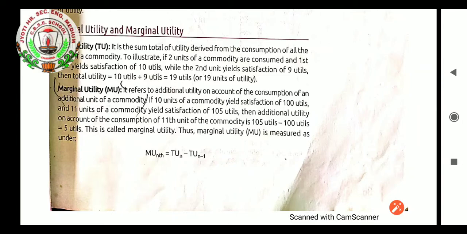Marginal utility, MU, refers to the additional utility on account of the consumption of an additional unit of a commodity. We are increasing one util by sacrificing the need for another util. It is considered as marginal utility. For example, 1 kg of apples costs 40 rupees, and there is another fruit also.